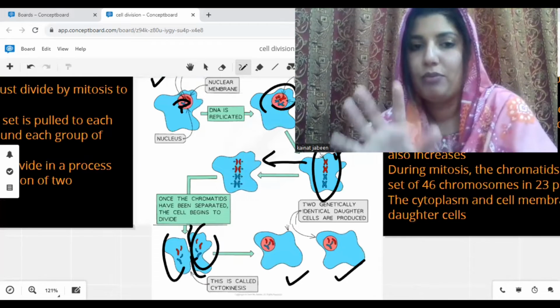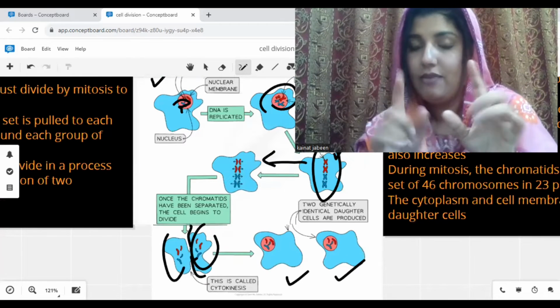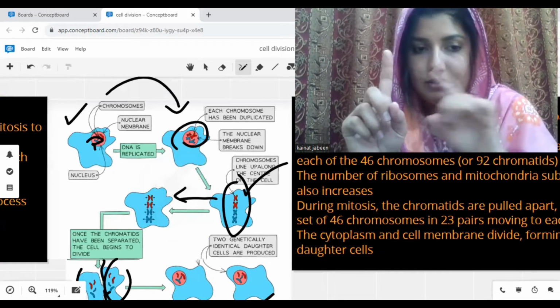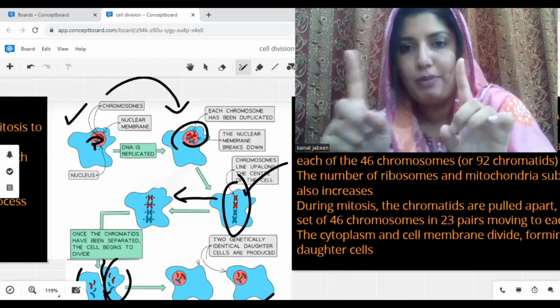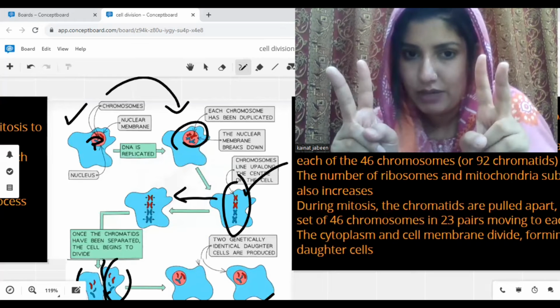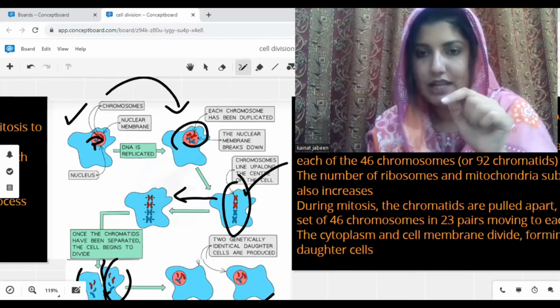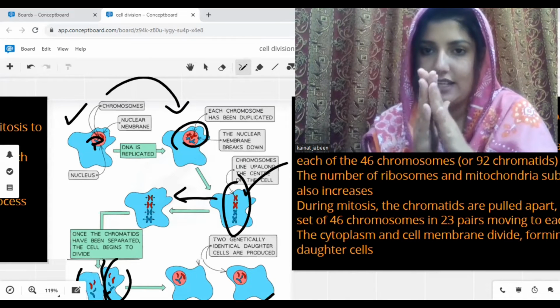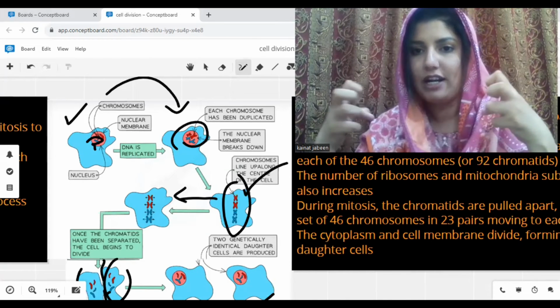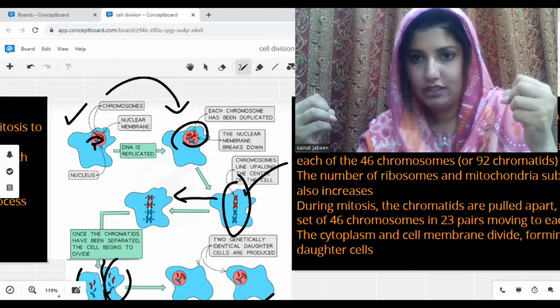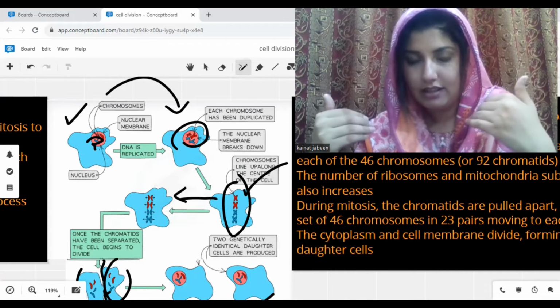So that's mitosis. I am going to explain it again. In the first step, the genetic material replicates. DNA forms the sister chromatids. Next, all the sister chromatids arrange themselves in the center. Next, they pull apart, like a magnet pulling them to the sides of the cell.